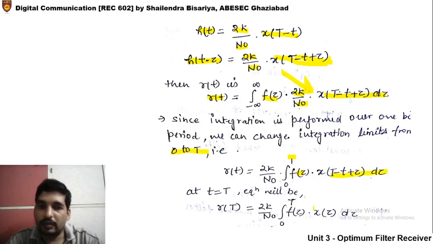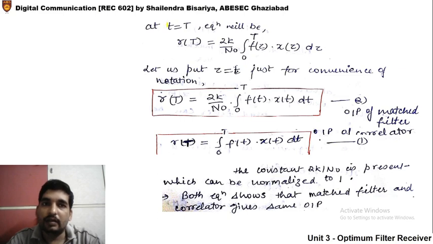At t equal to T, it becomes 2k by n0 times the integral of f(tau) x(tau) d tau. If we change the variable, putting tau equal to t for convenience of notation, r(T) is 2k by n0 times the integral of f(t) x(t) dt.